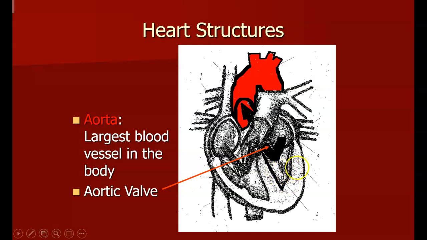So the thicker side is going to be the left side, because that's the side that has to generate more force. Here is the interventricular septum, the muscle that divides the two ventricles. Up here, it's hard to see on this diagram, would be the interatrial septum, the muscle that divides the two atriums.